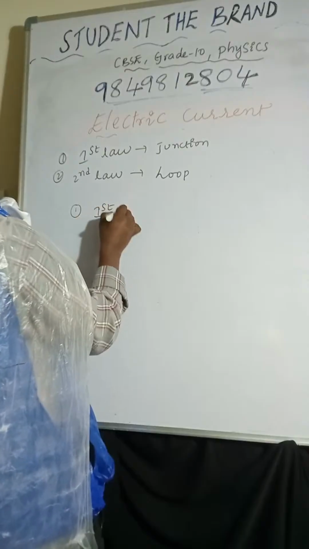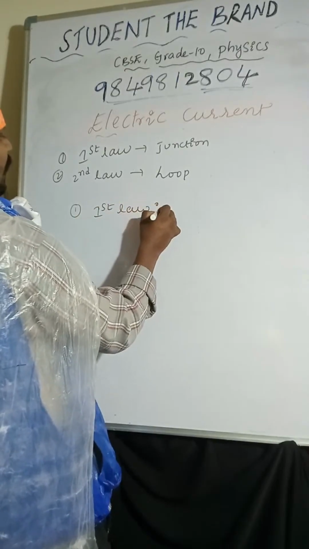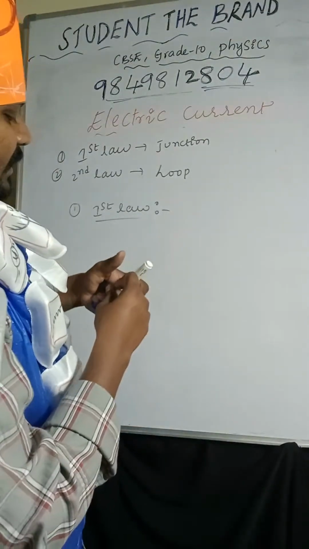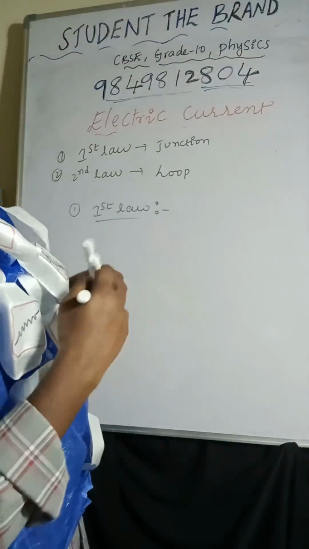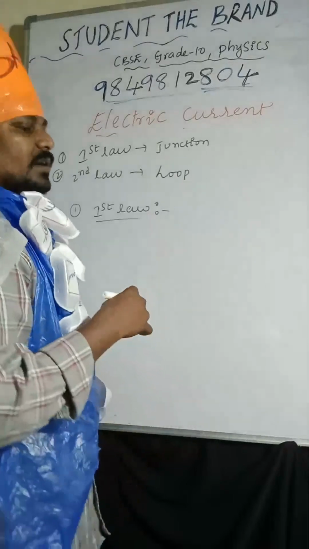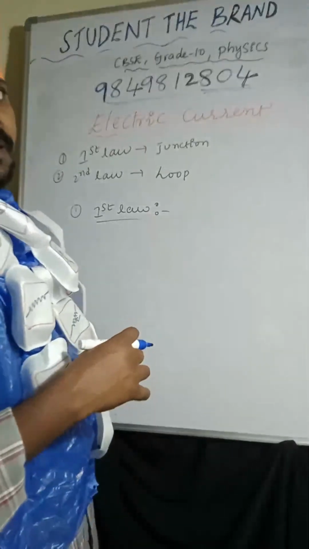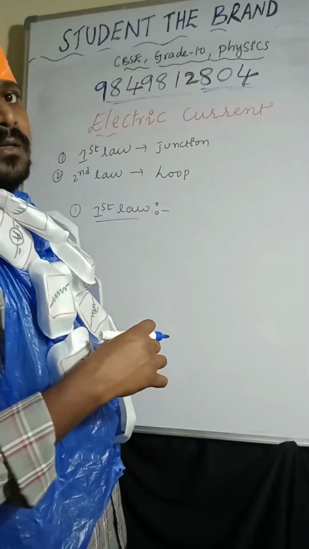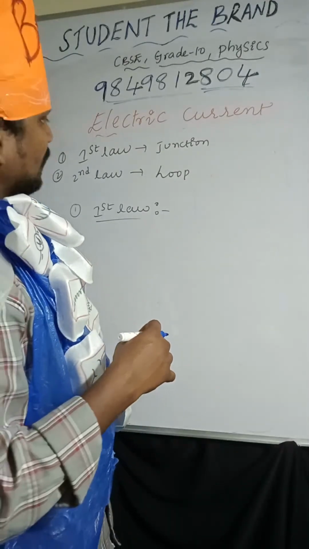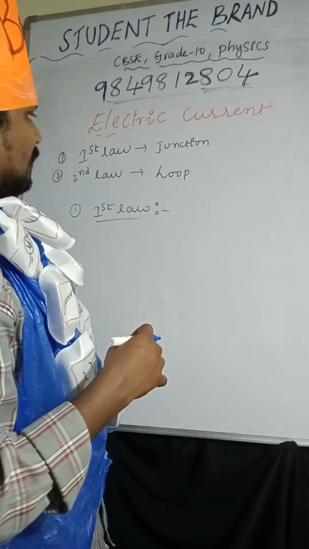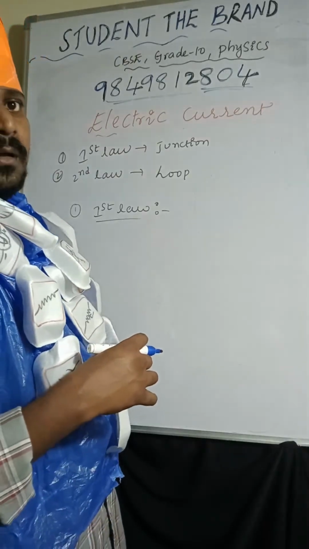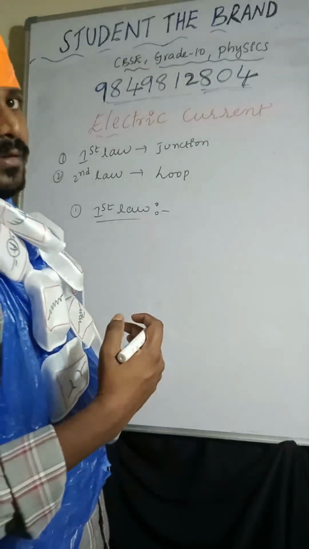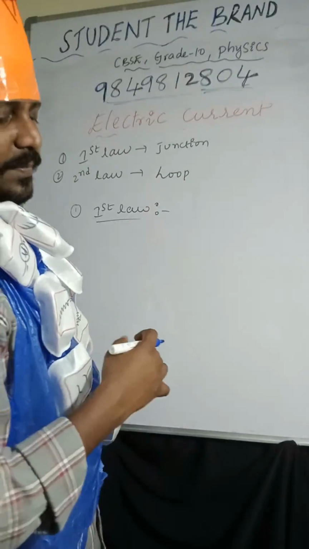So junction law is nothing but the algebraic sum of all the currents reaching at a junction in an electric circuit, at a point.